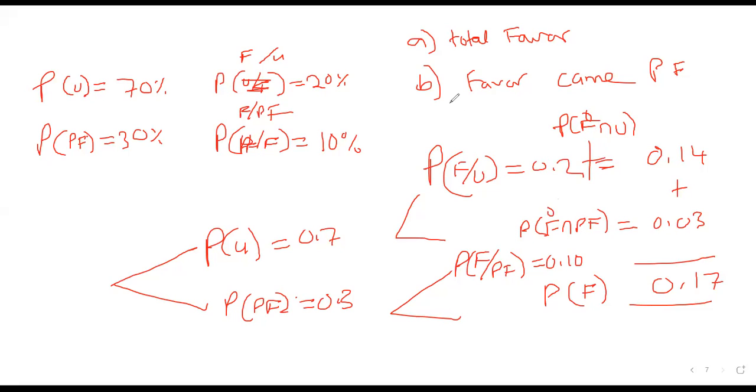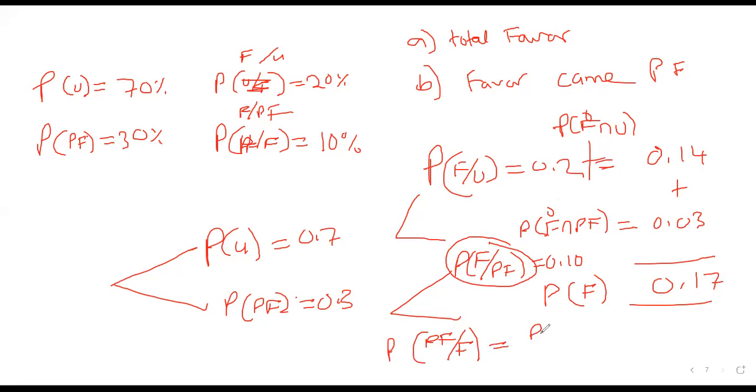Then the next question to ask is, suppose somebody was picked and they were found to be in favor of the education policy. What's the chance that they came from PF? So they're asking you to find the reverse of this. In short, they're asking you to find PF given what? Favor.